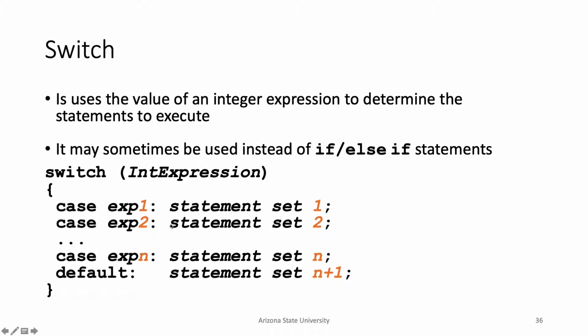So the first case in our example would be case character 'a', and then from that, we do some statements. The second case would be case character 'b'. Then the third case would be case character 'c'. I know it's early and it's Friday, but the fourth one would be case character 'd'.